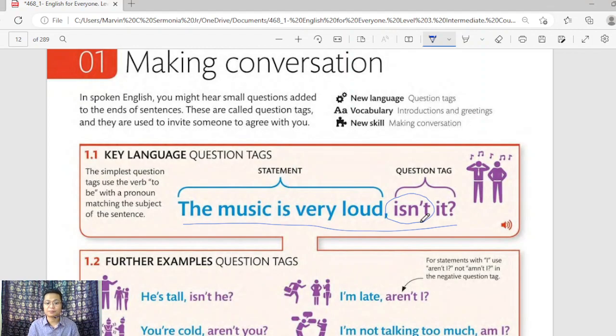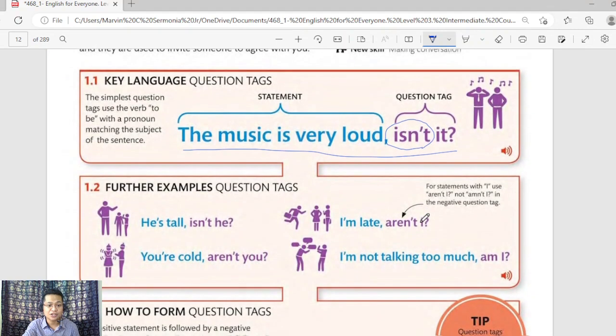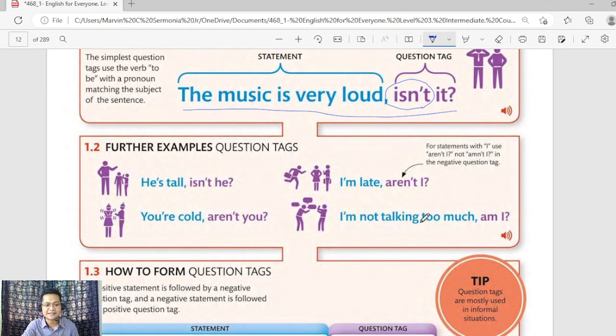So how do we form this question tag? That's the thing that we will address later on because I will be giving some exercises for you to practice what you have learned about question tags. Before that, though, let's take a look at the different examples using question tags.